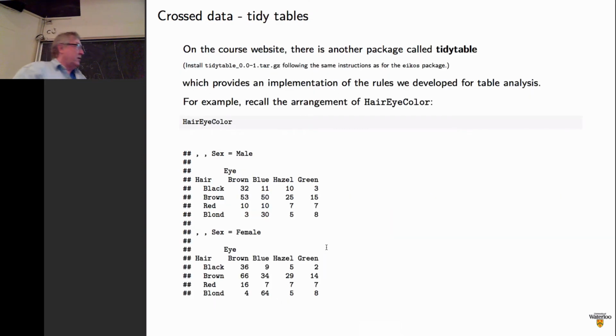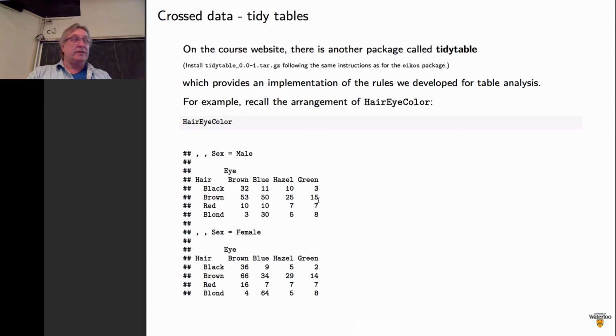All right. Oh yeah, so on the website there's another little R package that we produced here called Tidy Table, which you remember all of the work we did based on Ehrenberg's rules for tables, etc. So Tidy Table tries to encapsulate that. So if we were to ask for the value of hair eye color, we get this to print out in R. That's the arrangement. And if you look at that, you say, how might I rearrange that?